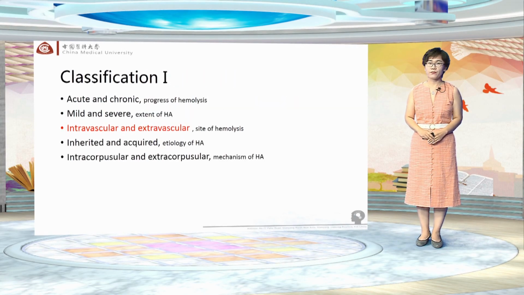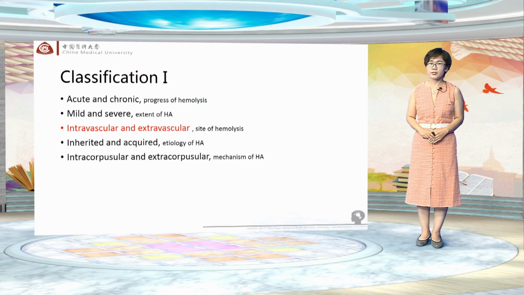From different points of view, hemolytic anemia can be divided into different subgroups. According to the progress of hemolysis, it can be divided into acute and chronic anemia. According to the extent of hemolysis, it can be divided into mild and severe anemia. According to the site of hemolysis, it can be divided into intravascular and extravascular anemia.